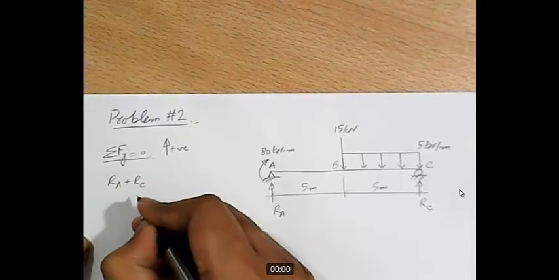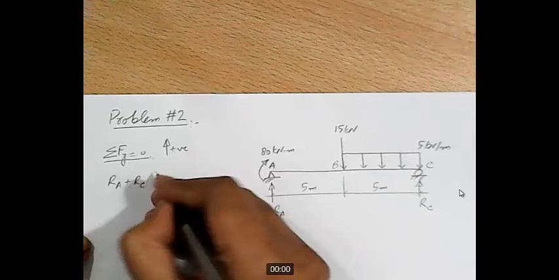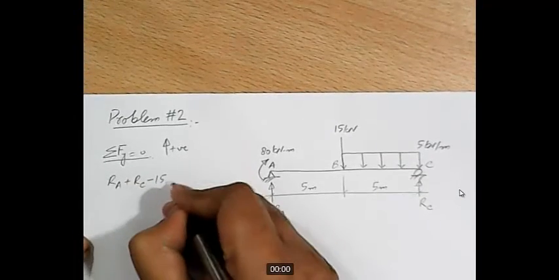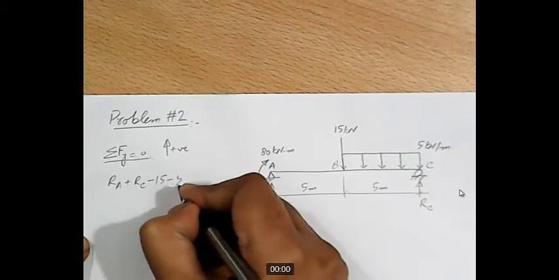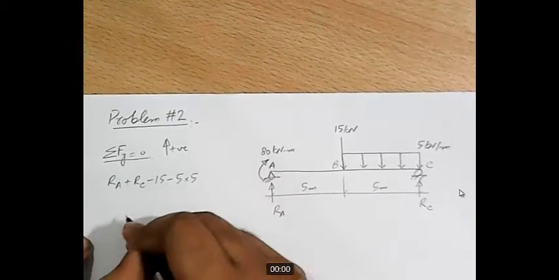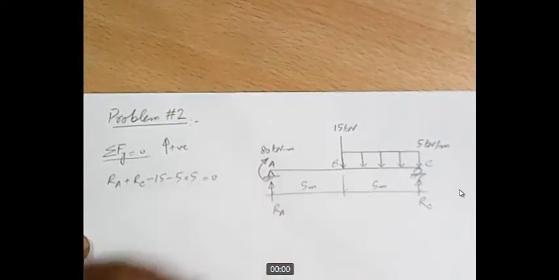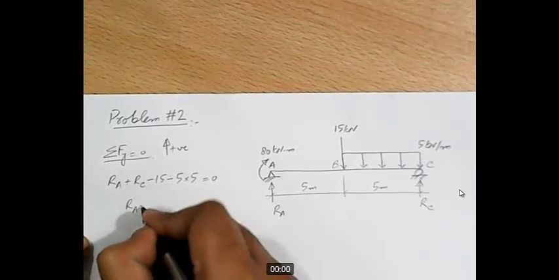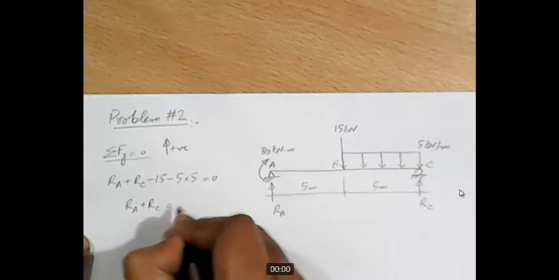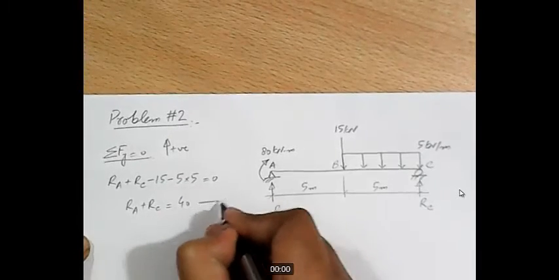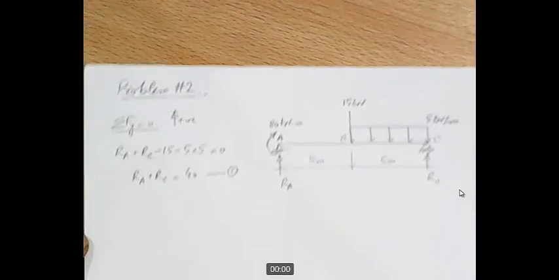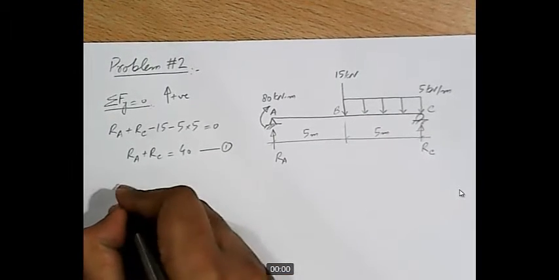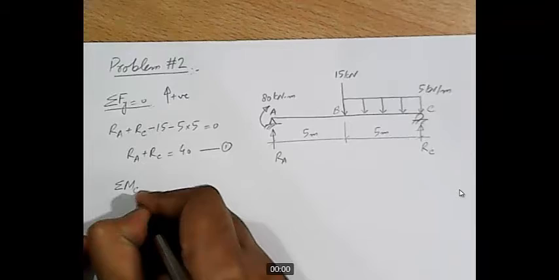These are the two forces acting in the upward direction, both are reactions, and then we have minus 15 kilonewton force acting in the downward direction, and resultant of the UDL is minus 5 into 5, and this should be equal to 0. If we rearrange this equation, we get Ra plus Rc equal to 40. Let's call this equation number 1.